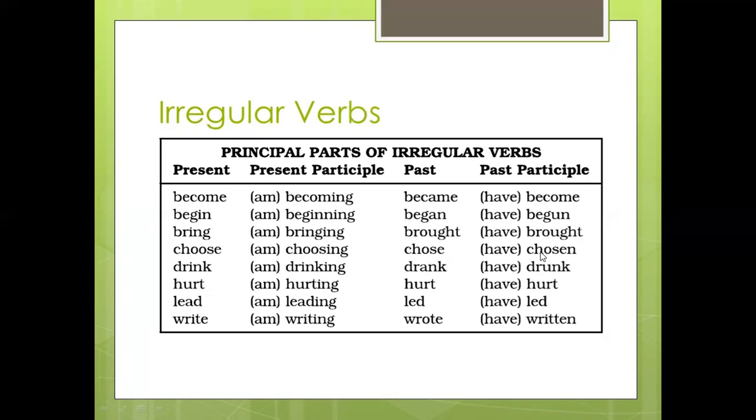Choose, chose, and chosen. Drink, drank, and drunk. Hurt, hurt, and hurt. Led, led, and led. And write, wrote, and written. So this way we can change irregular verbs into past and past participle.